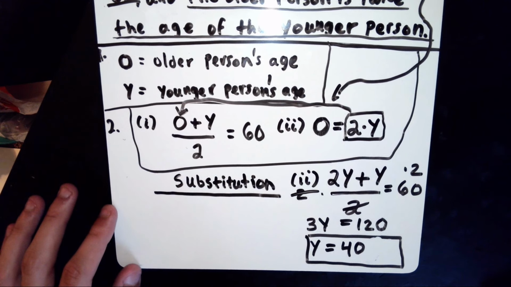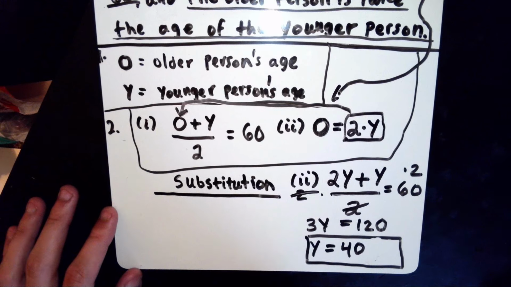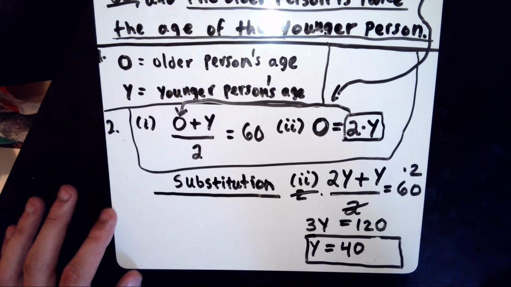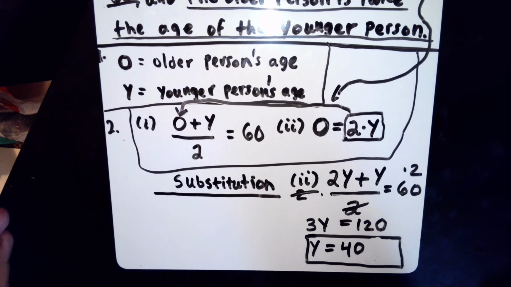Awesome. So the last thing we need to do is use this information to determine the older person's age. I guess that's one thing I left out: we're trying to determine both of the ages, the age of the older person and the age of the younger person. I should have been a little bit more clear with that. But since we found the younger person's age, let's now find the older person's age.